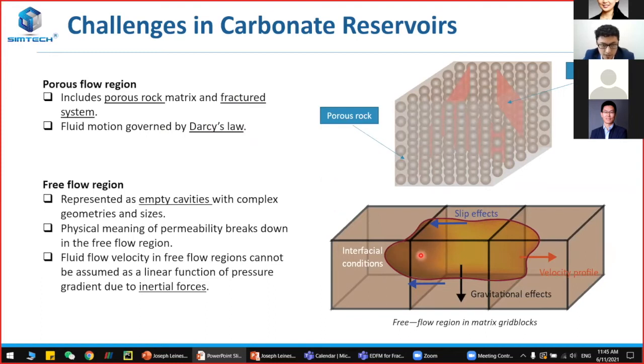Because we're talking about an empty cavity, the physical meaning of permeability actually breaks down. And the fluid flow velocity in these flow regions cannot just be assumed as a linear function of pressure gradient, because of all the physics present here and the interactions with inertial forces that happen inside of them.